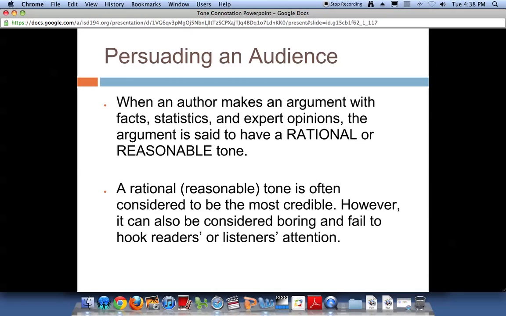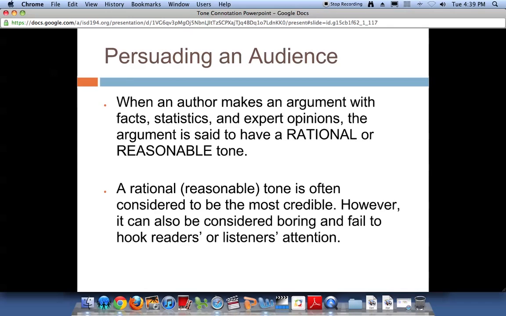And one thing that a tone like this is often criticized for is that it doesn't really grab the audience's attention. So an author using a reasonable or rational tone is often considered to be the most credible, but it just doesn't really hook the reader's attention to what the author is trying to get across.